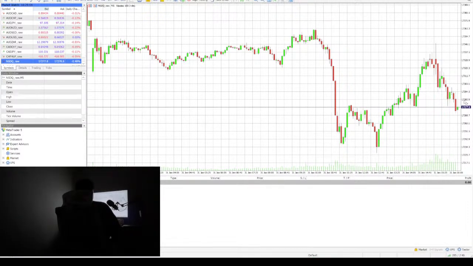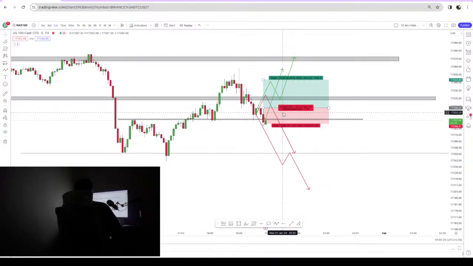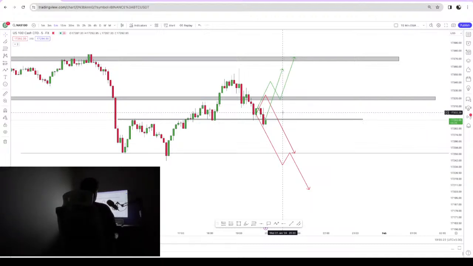So this candle opened below, so I haven't opened the trade. Okay. If the next candle is engulfing, then I'll open the trade.